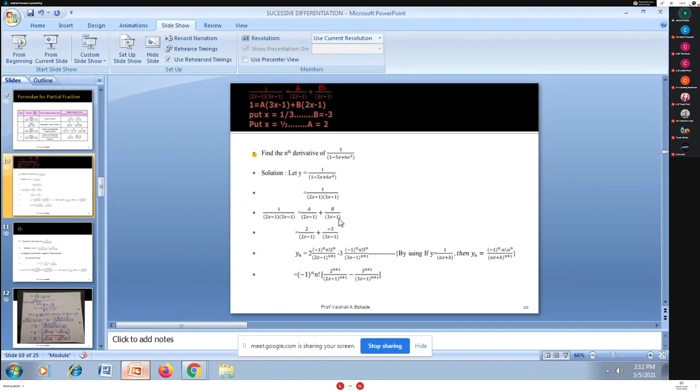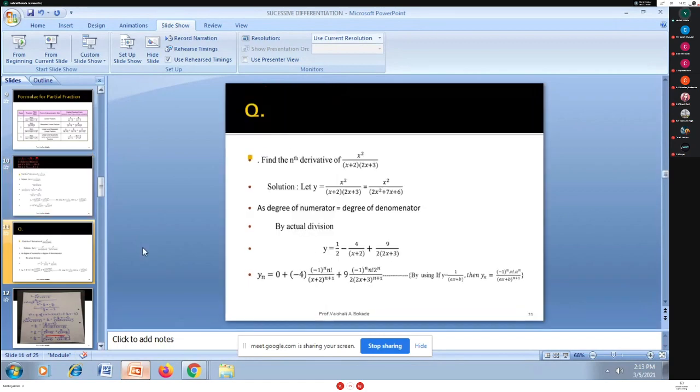Those factors are non-repeated, so we proceed with partial fraction and apply the formula for y equal to 1 upon x plus b.